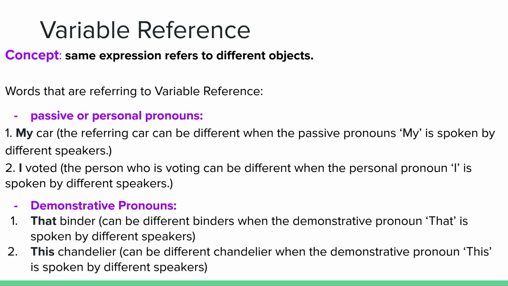The second phrase, "this chandelier," has variable reference because one person can point to different chandeliers, or many people can point to different chandeliers.